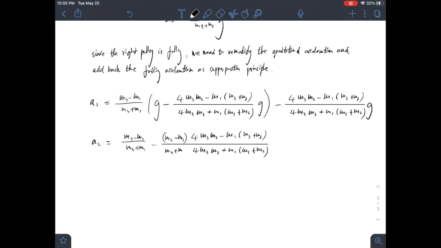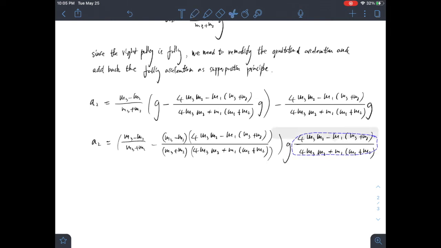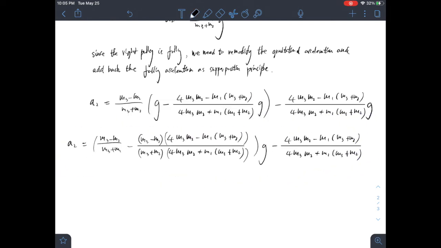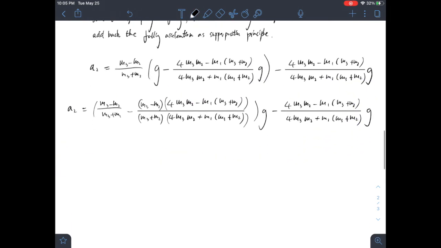First, let's move the term, combining the denominator. Move out the G, and then we put another G here. It's pretty long. First, we multiply in the (M3 minus M2) divided by (M3 plus M2), and then we find out the common denominator, right?